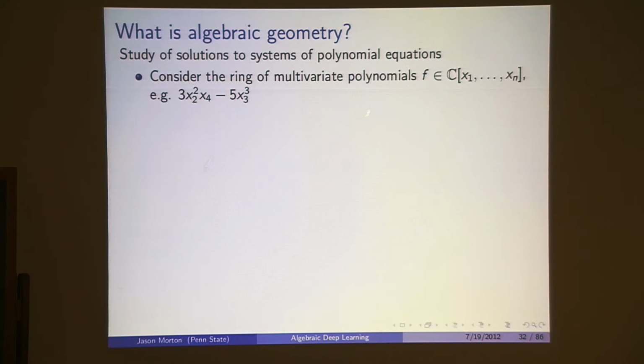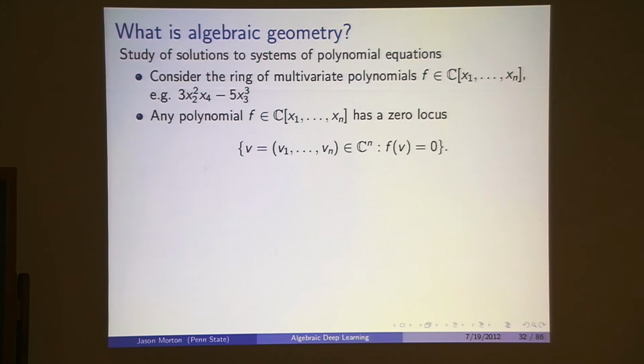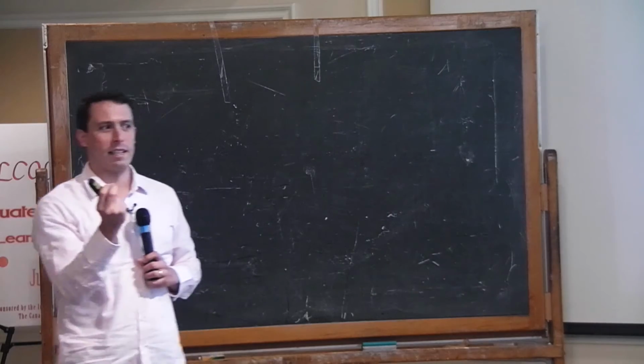Maybe these represent probabilities of n different outcomes. So I have a ring of multivariate polynomials, and each polynomial describes something. Any polynomial I pick in this ring, I can think about its zero locus: the set of all points in C^n or R^n such that this polynomial vanishes on those points, that is, has the value 0.